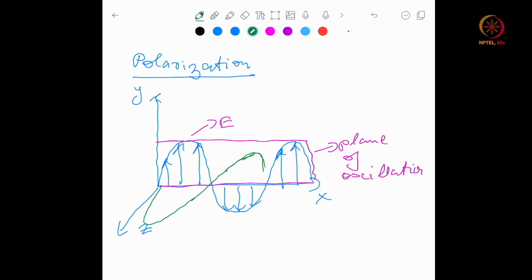That is B, a magnetic field, and this is the electric field.